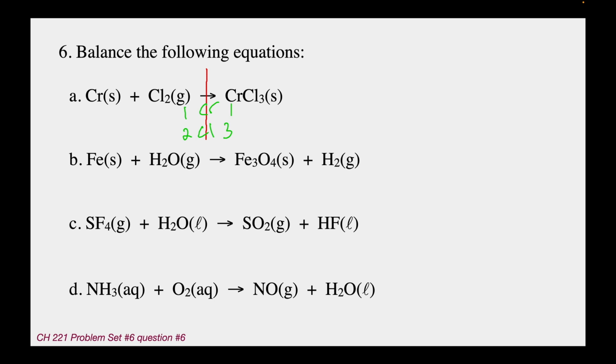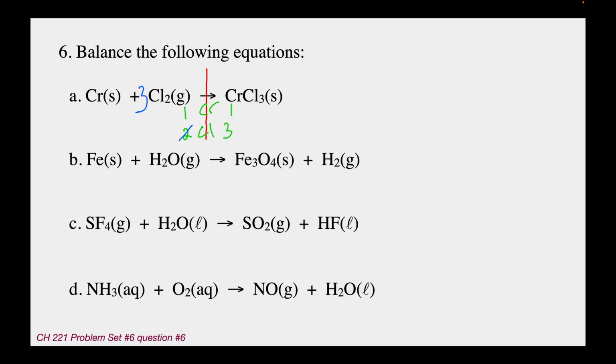So as an example, take 2 and 3, the numbers by the chlorines on the left and the right-hand side. If you multiply them together, 2 times 3 is 6. That's the common denominator of these numbers. And if you take 6 and divide it by the 2 of Cl2, you'll get a 3. So I would put a big 3 in front of Cl2.